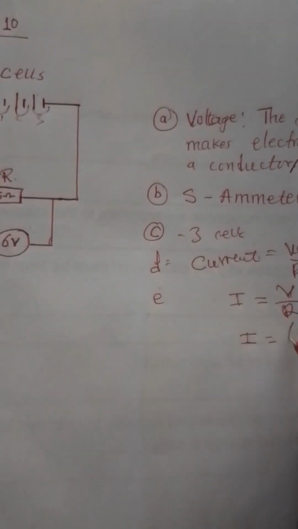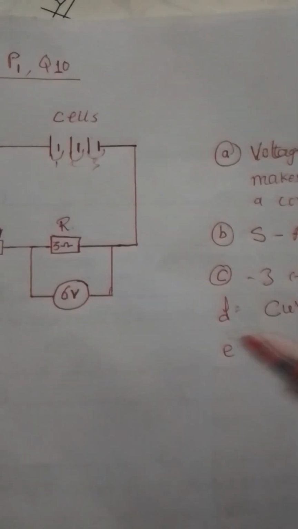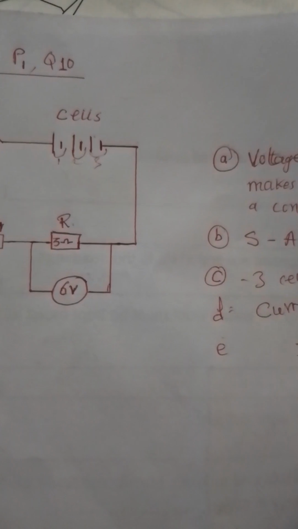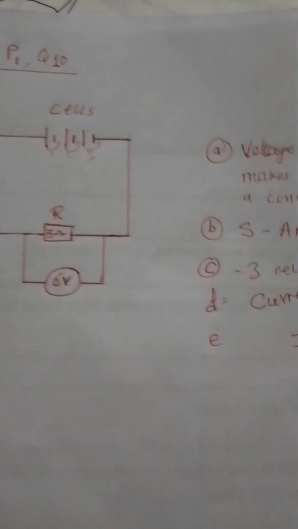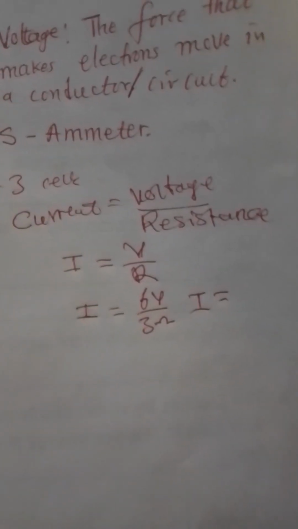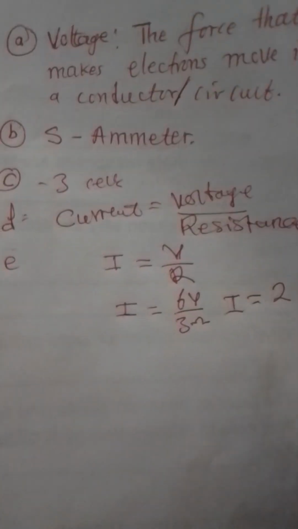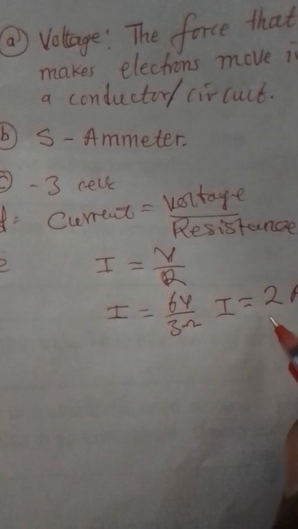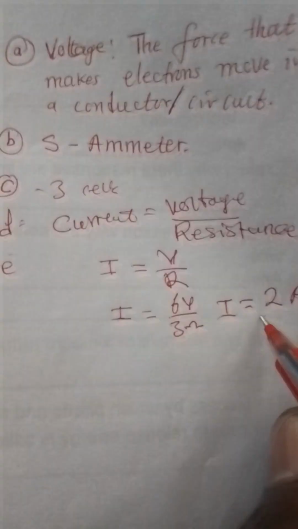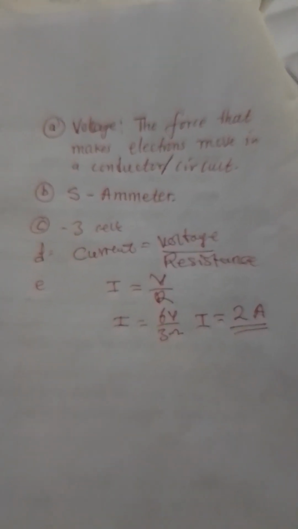So we have 6 volts over the resistor. The resistor reading in this case is giving us a 3 ohm resistance. So our current is equal to 2 amps. Current is measured in amperes, so this is amp, capital letter A. This is our current reading right here.